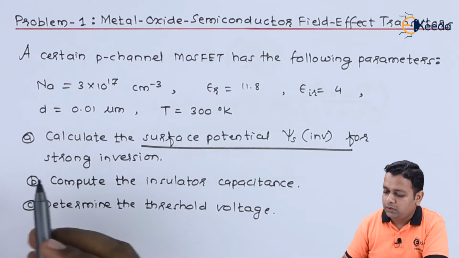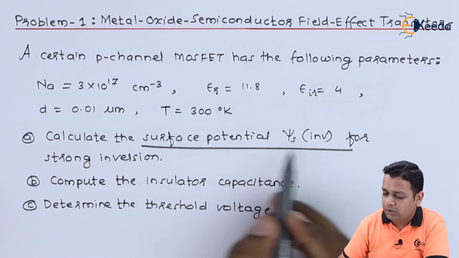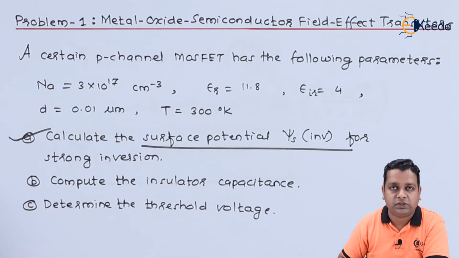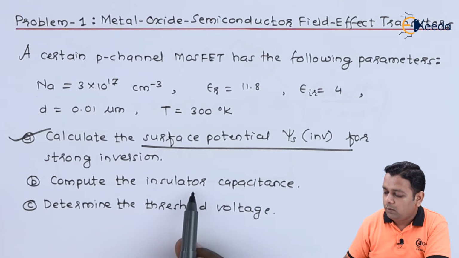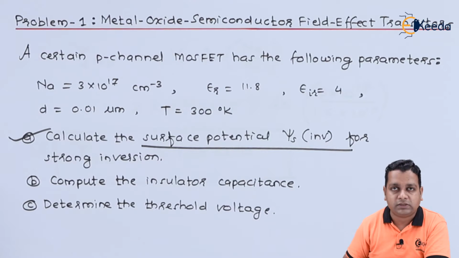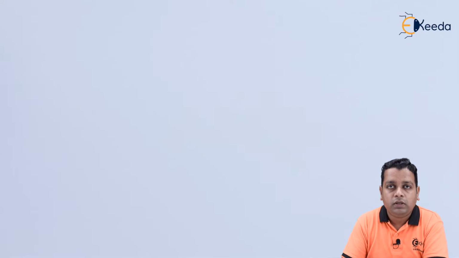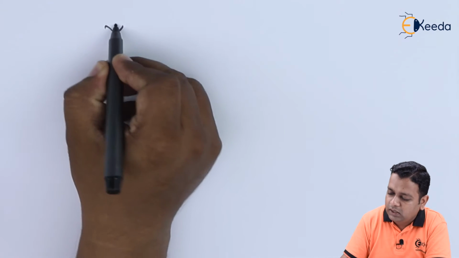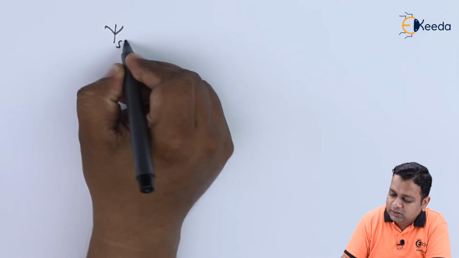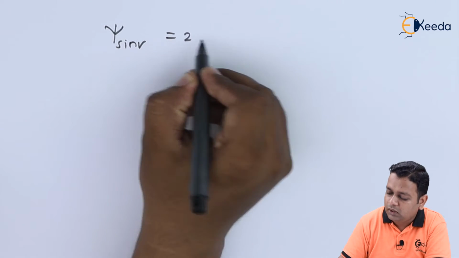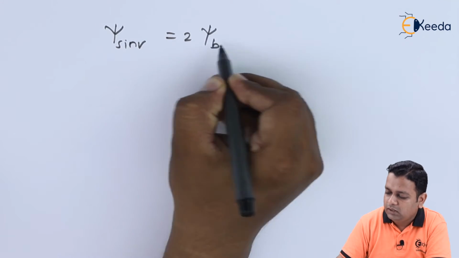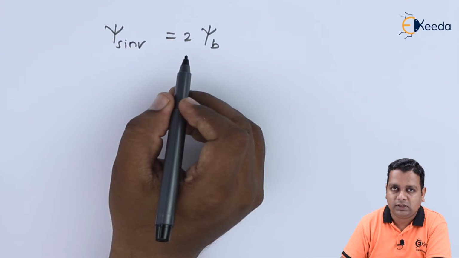So here we are finished with calculation of the surface potential for the strong inversion. Now we require the computation of the insulator capacitance. Before going for insulator capacitance, whatever answer we have obtained for part A, that we have represented as psi suffix s, I and V, this is actually having a relation with psi suffix B by 2 like this here.